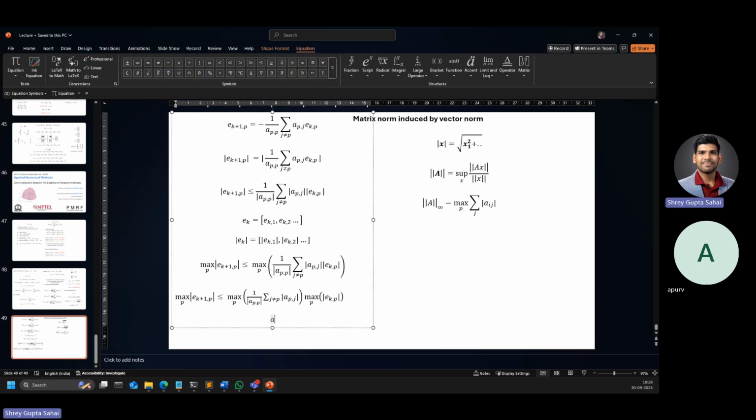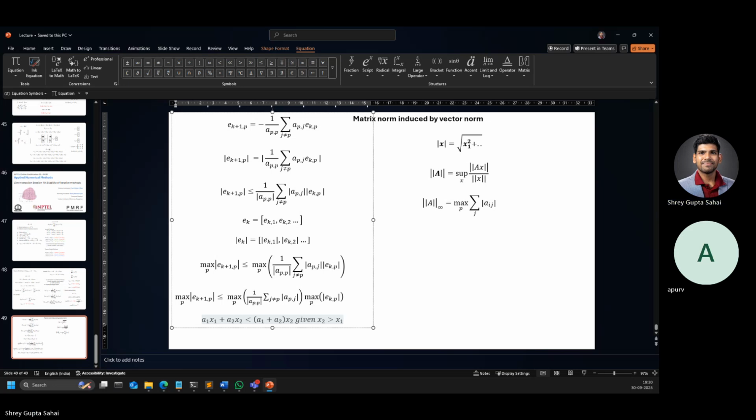We know that A1 x1 plus A2 x2 will be lower than A1 plus A2 times x2, given x2 is greater than x1. That's the logic. That's why we can separate them out.